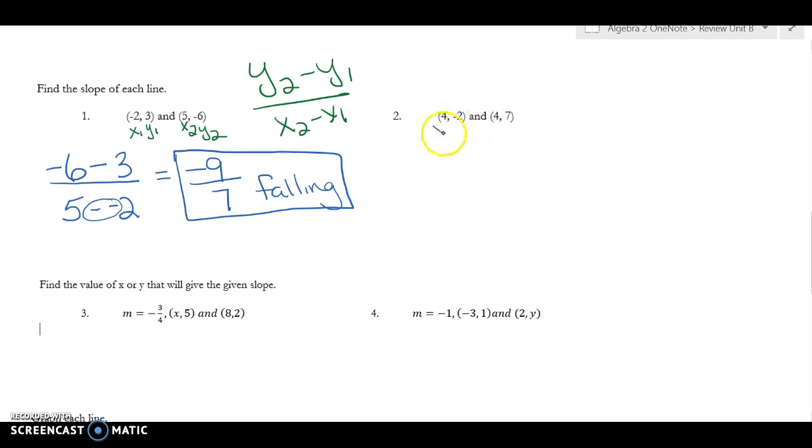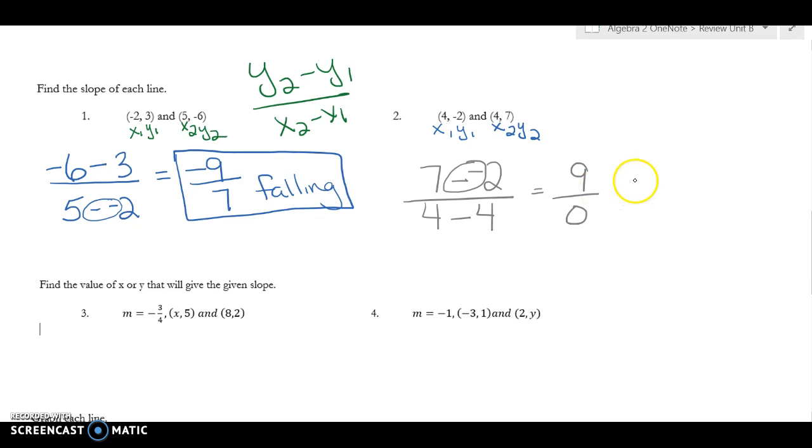All right, let's do the second one. Again, I start off by doing x1, y1, x2, y2. And so it's y2, 7, minus y1, negative 2, over x2, 4, minus 4, x1. So these two negatives become positive, and I get 9, but I get 9 over 0.